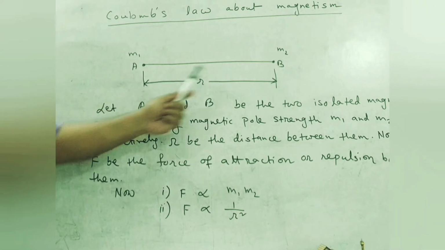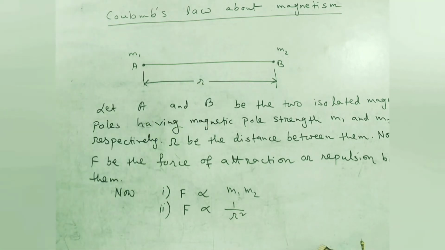Now the magnitude of F depends on the product of the two pole strengths and the distance between the two poles.